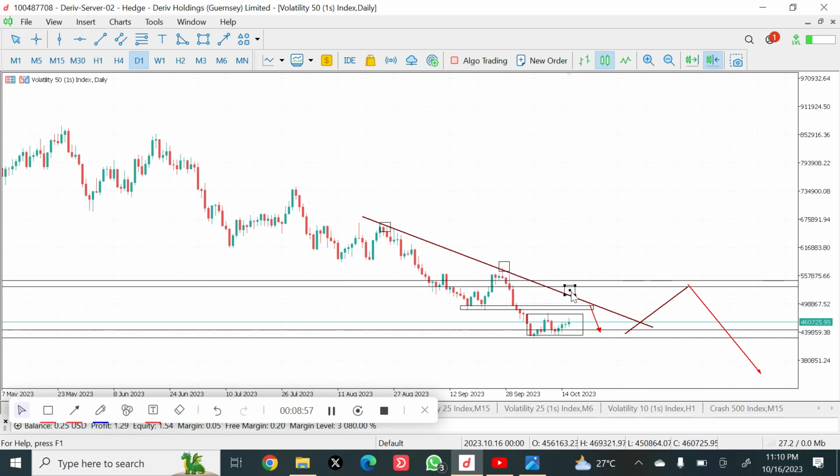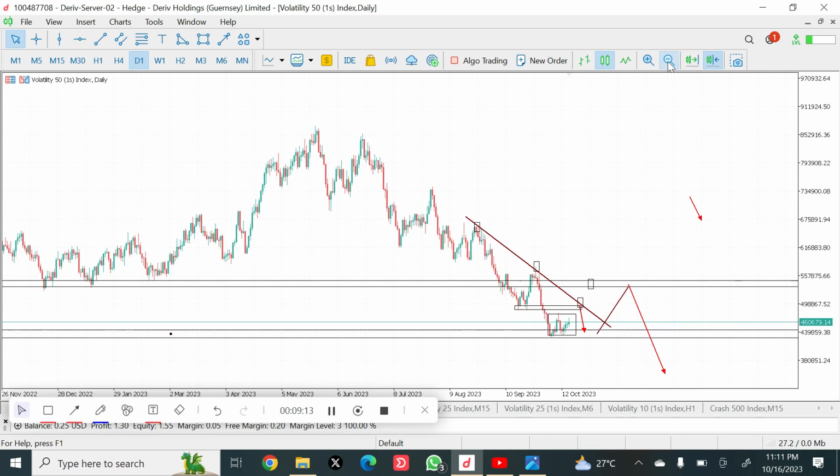So we may be aiming for a third touch at this spot, or price may overshoot the area into this monthly support zone, which is to be tested as resistance. I believe you remember that line we drew on the monthly time frame, so I don't have to go back. That has been my expectation on this asset.